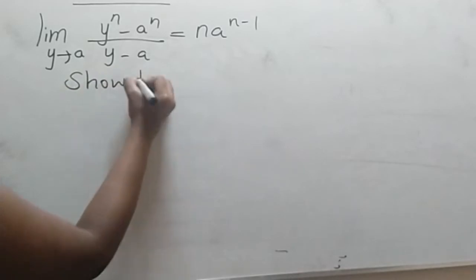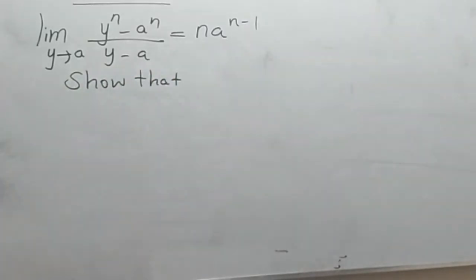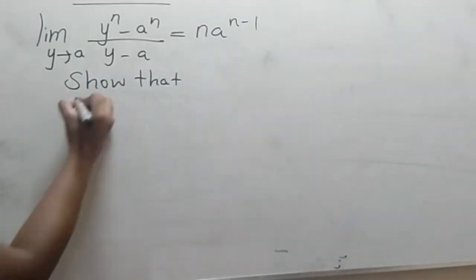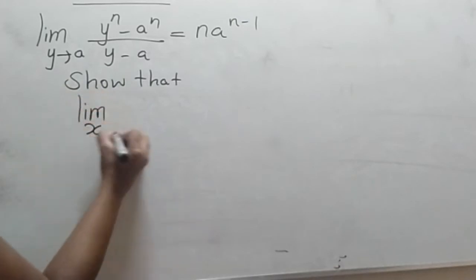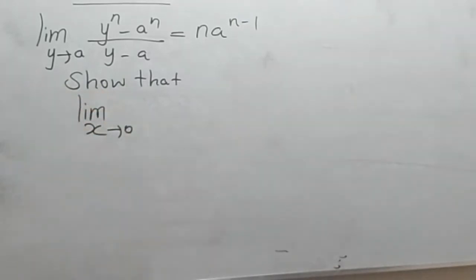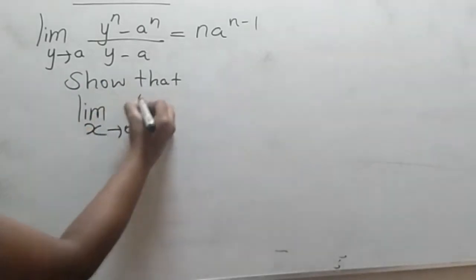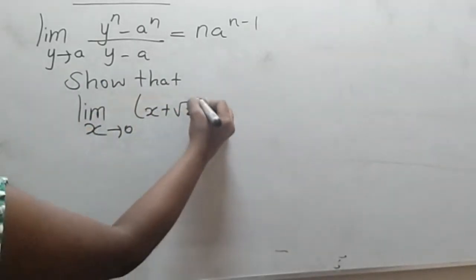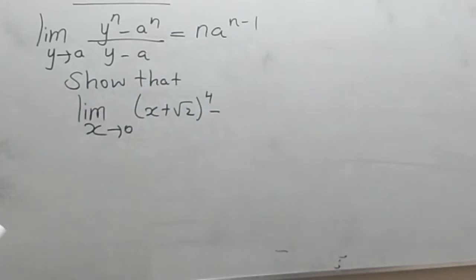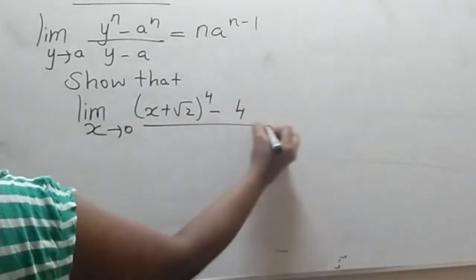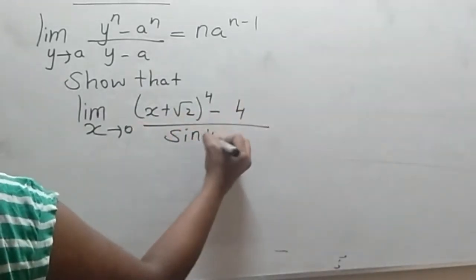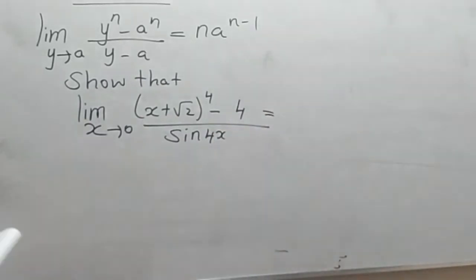Show that limit of x tends to 0, x plus root 2 to the power 4 minus 4 over sine 4x. So this is equivalent to something like 2 root 2.